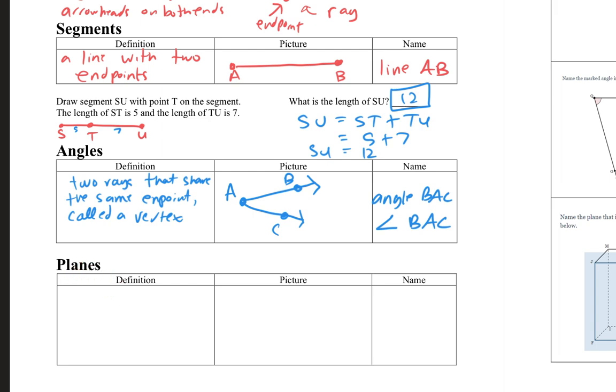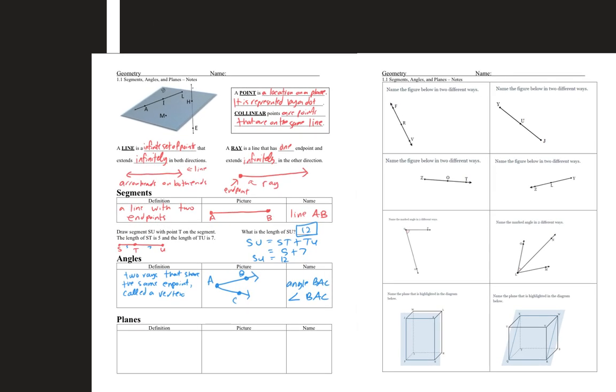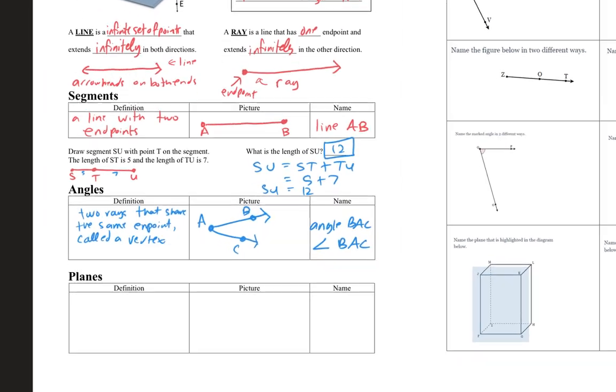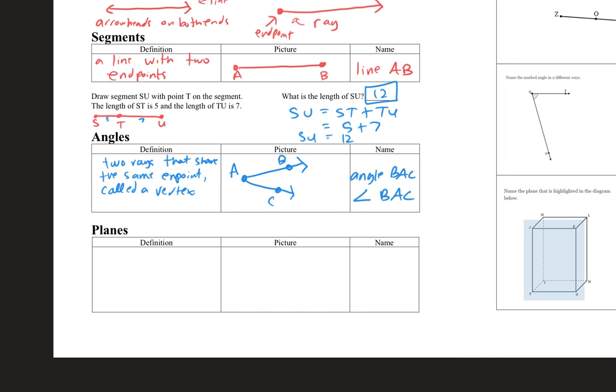Okay, next, plane. Plane is the weirdest one. You can think of it like a flat piece of paper, like this blue or dark piece right over here, that's a plane. So we would say it's a flat, two-dimensional surface that extends infinitely in all directions.